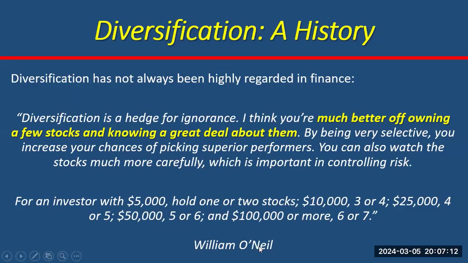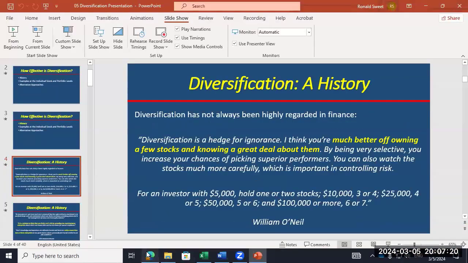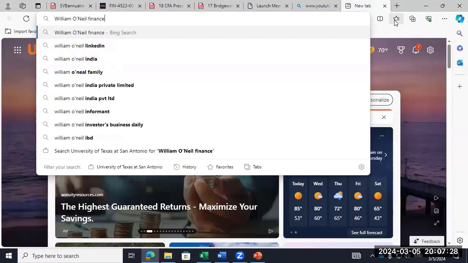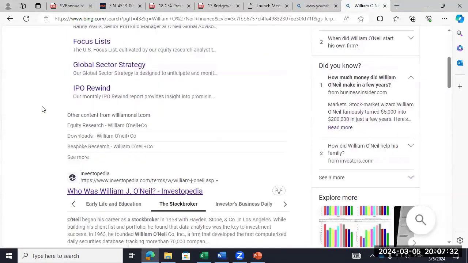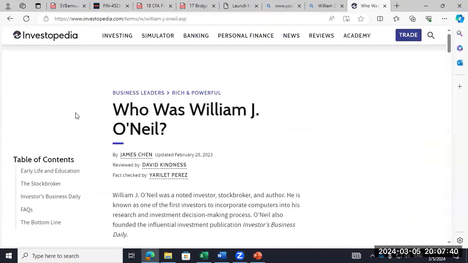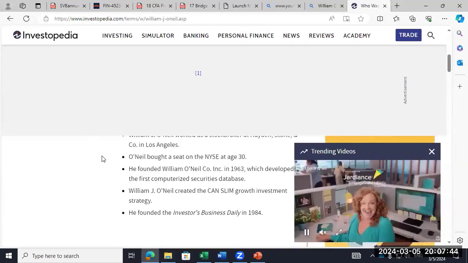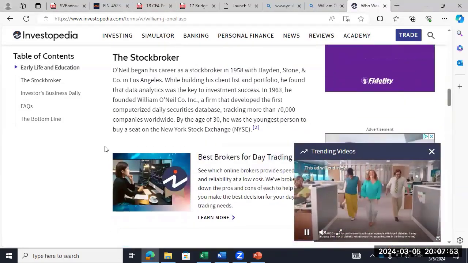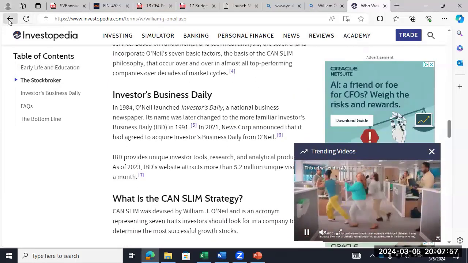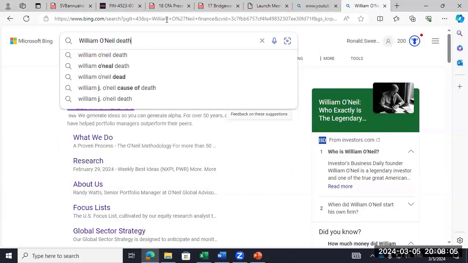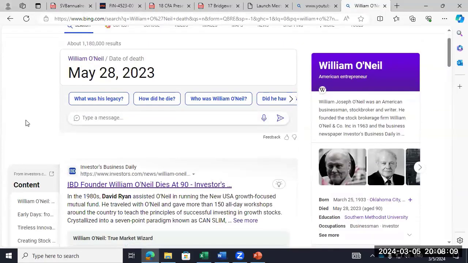William O'Neill, pretty famous guy in risk. I forget when he passed away. Again, I can't spell names. He was a stockholder in 1958 and founded Investors Business Daily. I think he passed away not really that long ago, but I don't see his name anywhere in here. Yeah, that's pretty recent, isn't it? I remember this presentation.